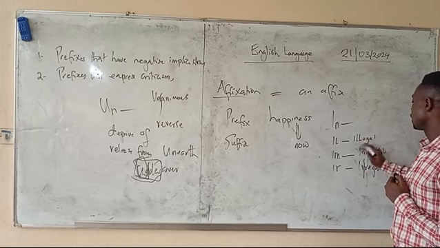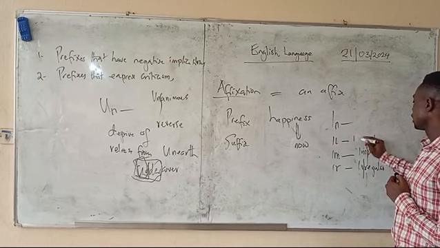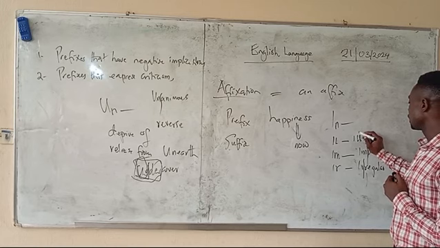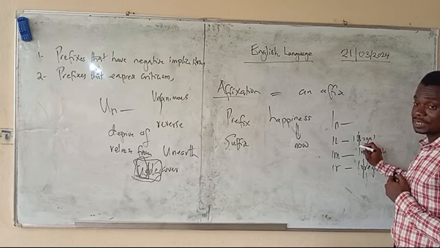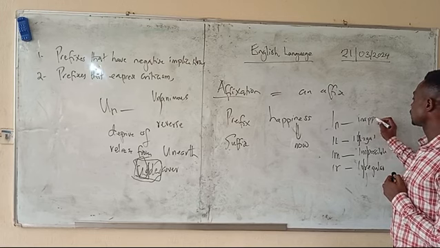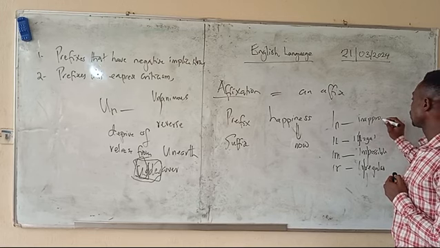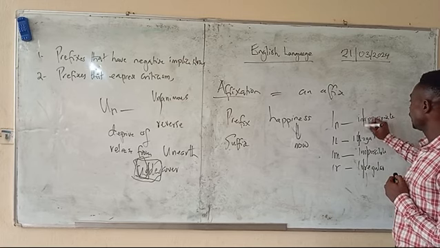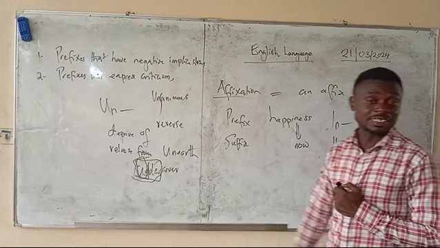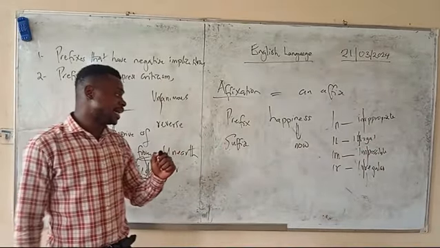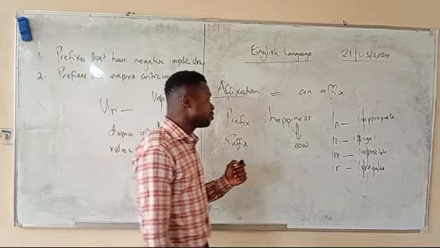Illegal. Good. Illegal. One L will go with this I. Here, inappropriate. Have you seen how these words are formed by just adding in, il, im, ir?